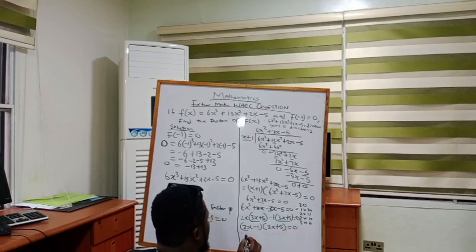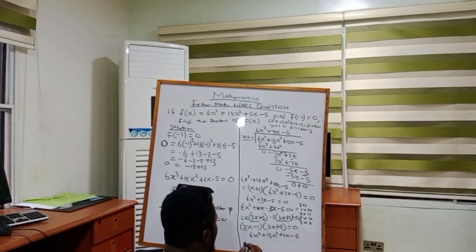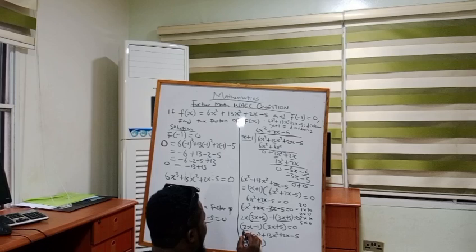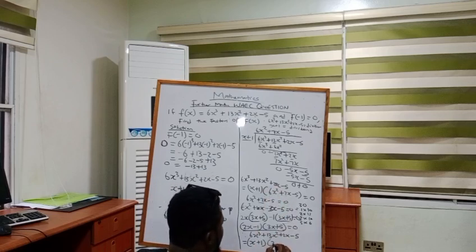So therefore, our 6x cubed plus 13x squared plus 2x minus 5 can now be simplified as x plus 1, into the 6x squared plus 7x minus 5. So instead of writing this, we now write into bracket 2x minus 1 into bracket 3x plus 5 equals 0.